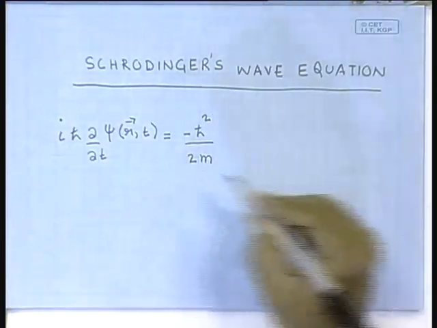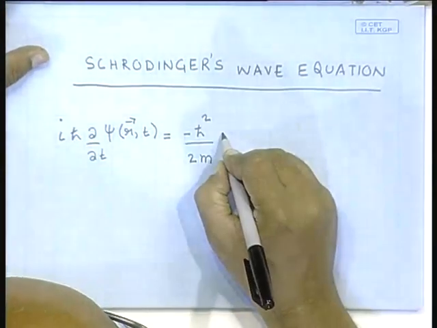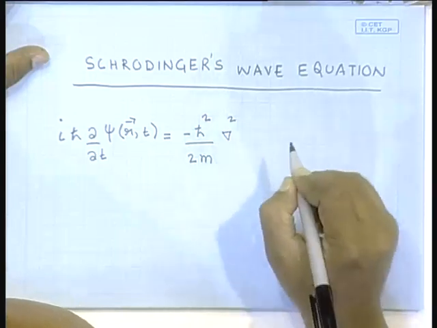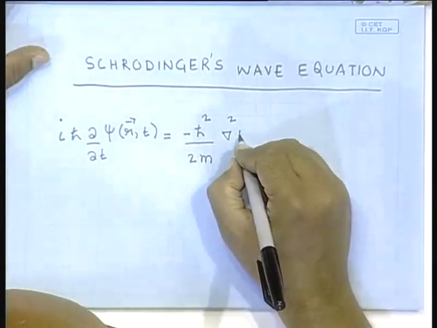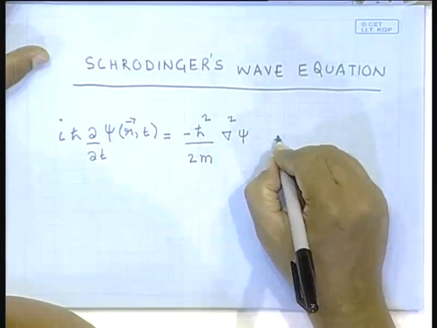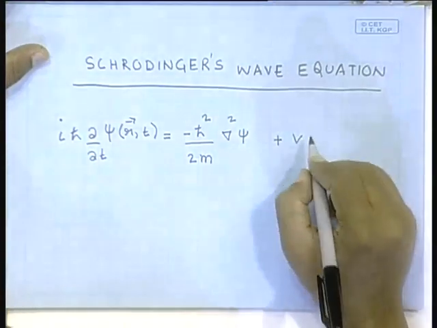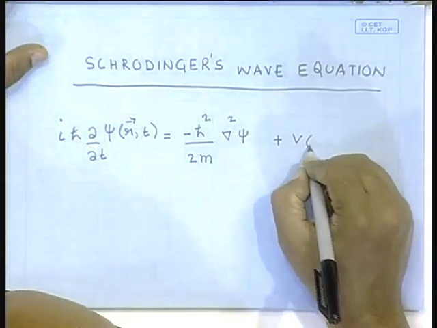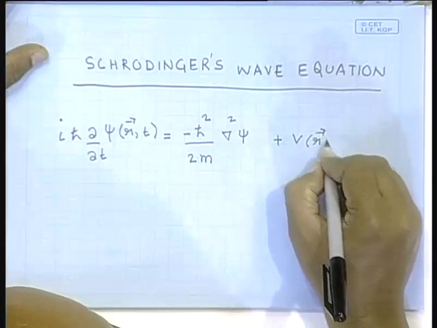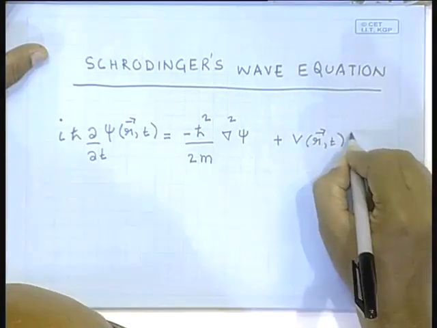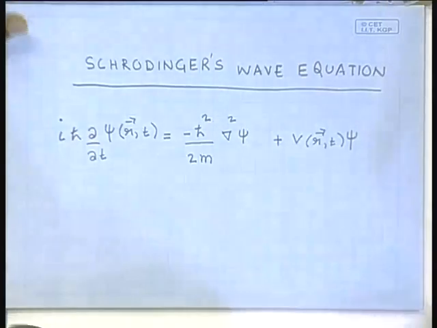So, if it is an electron, it is the mass of the electron, Laplacian of psi plus V, which again could be a function of r and t, into psi. So, this is the Schrodinger equation.